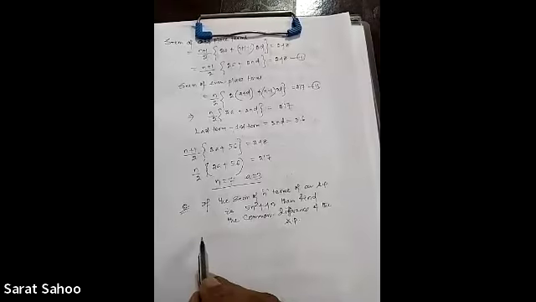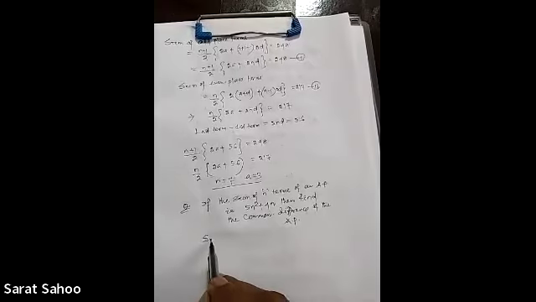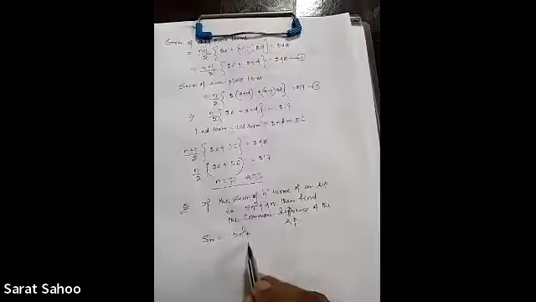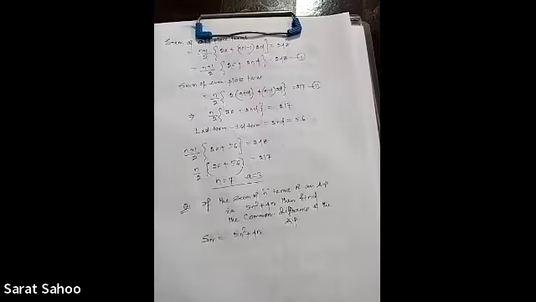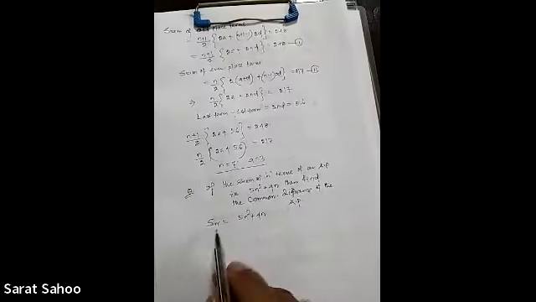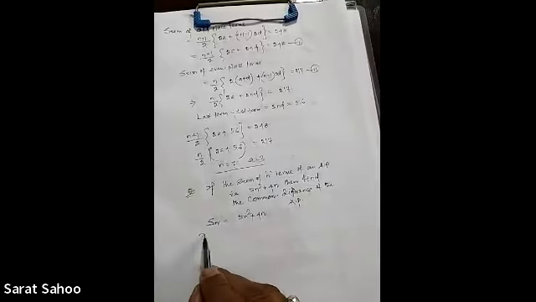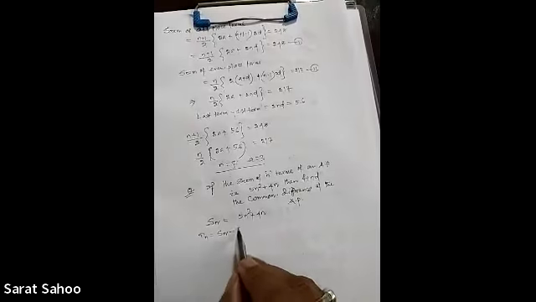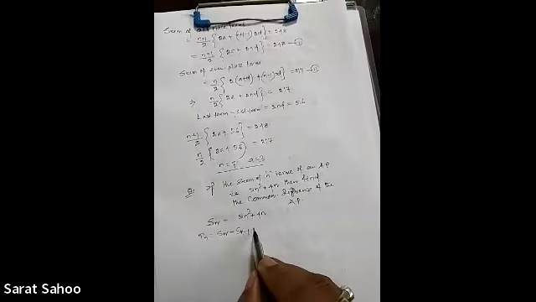Sum of n terms Sn is equal to 5n square plus 4n. If Sn is equal to 5n square plus 4n, then we have to find out Tn. Nth term, Tn is equal to Sn minus S(n minus 1).